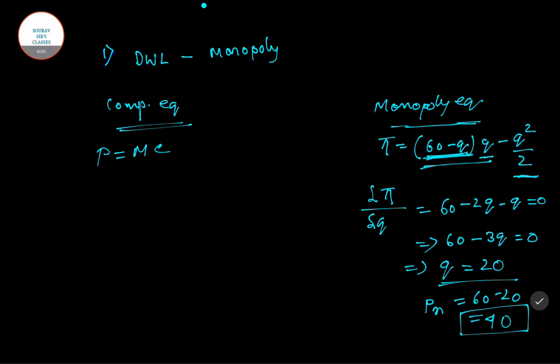Now for the competitive firm we can simply write down the price, which is given as 60 minus Q, and marginal cost, which will be from here, if you differentiate the cost with respect to Q, you will get the value equal to quantity.